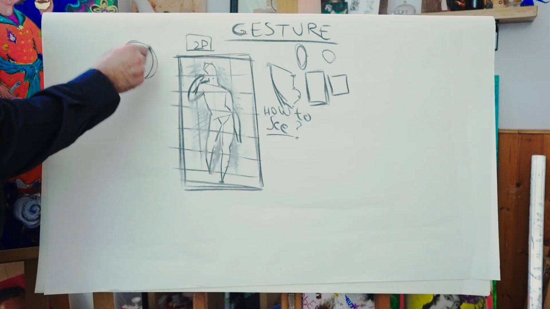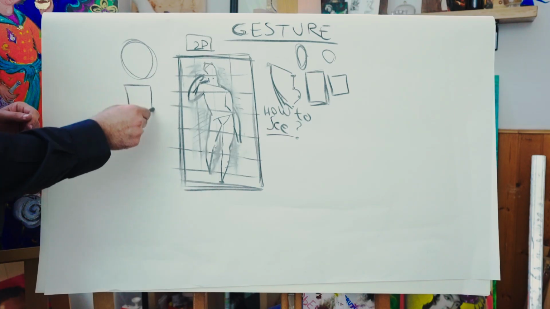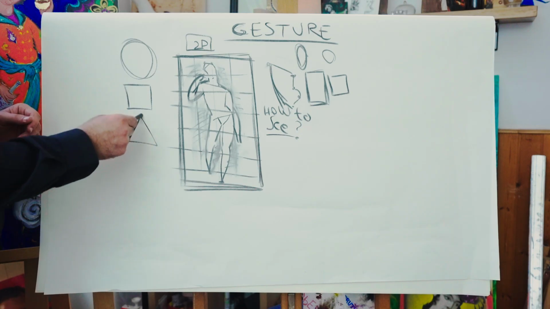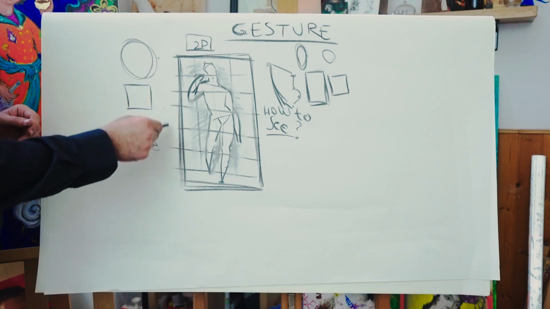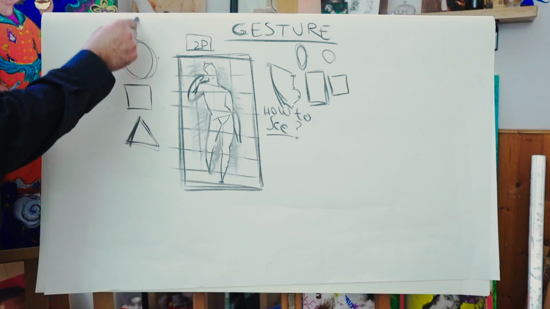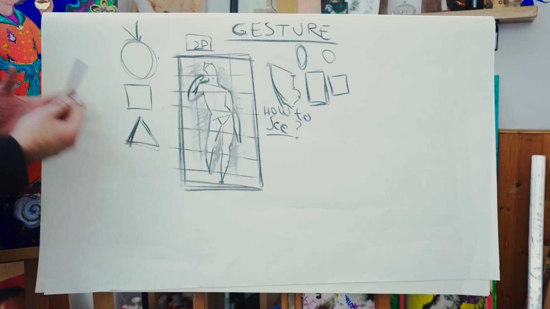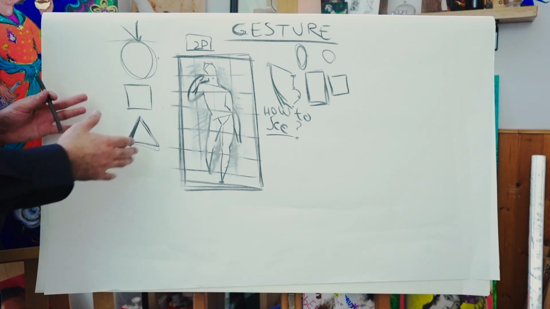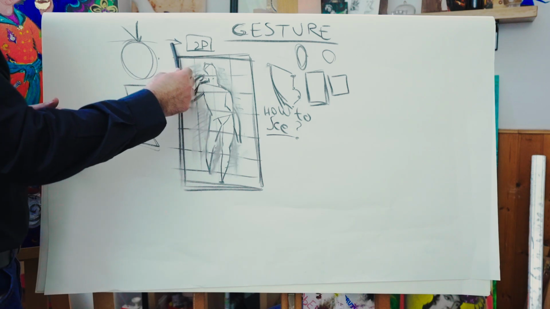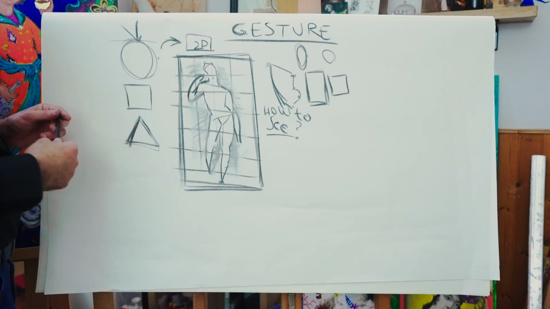You can create the circle, and these three, circle, square, and triangle, are our three fundamental geometrical shapes in a 2D space.